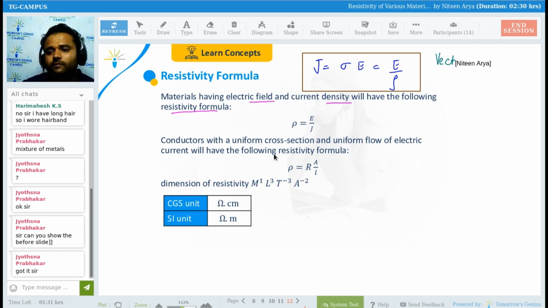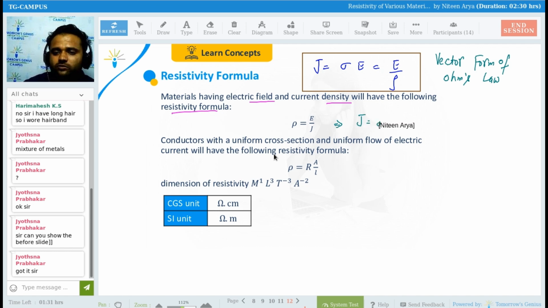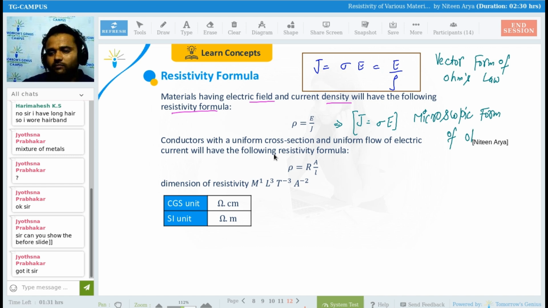Vector form of Ohm's law, or microscopic form of Ohm's law: J equals sigma E. That is important from each perspective, for boards and for JEE, because they ask the derivation of this directly.